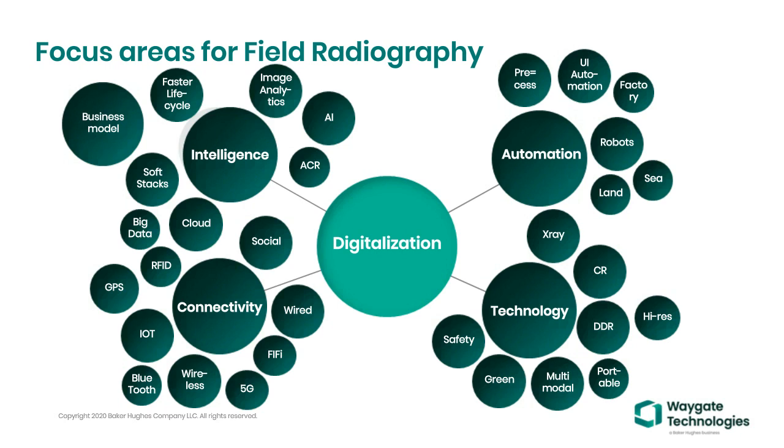And then finally, the focus area of intelligence, using artificial intelligence and image analytics. How can we use all that data to improve the throughput and to improve production quality?